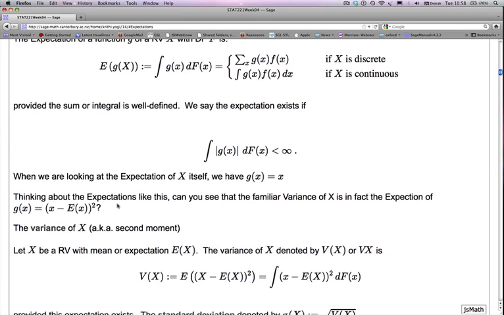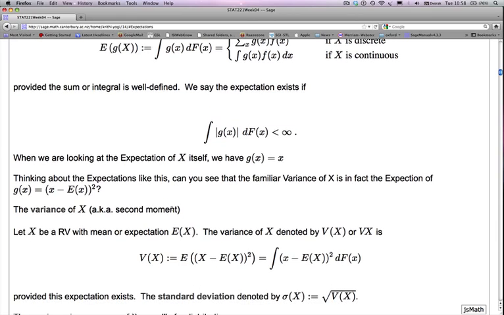So thinking about expectations like this, you can see that the familiar variance of a random variable capital X is in fact the expectation of a function g of x, where g of x is the function x minus expectation of x the whole squared.